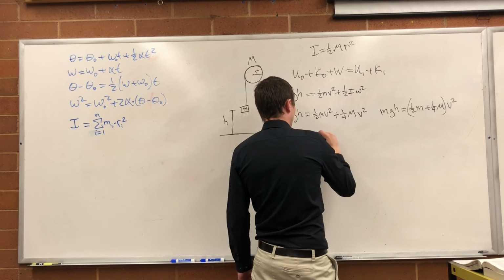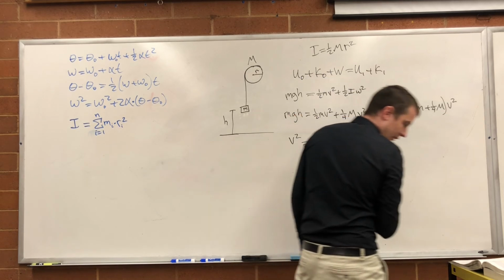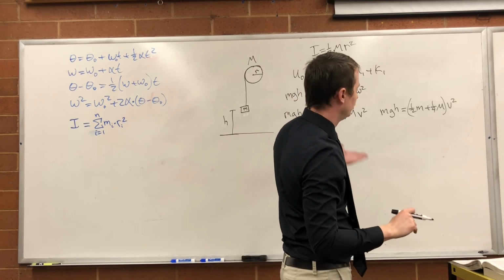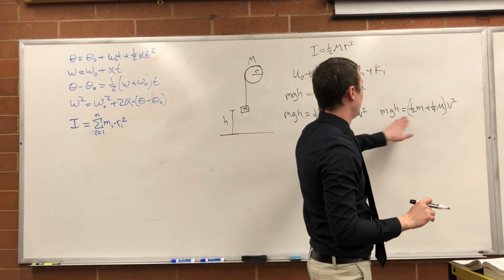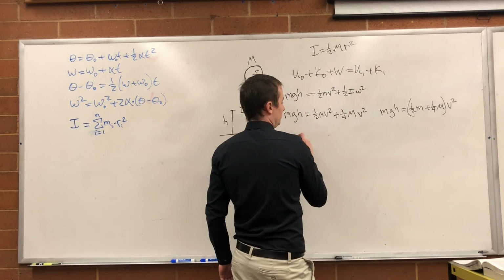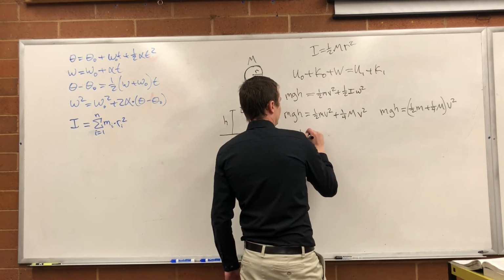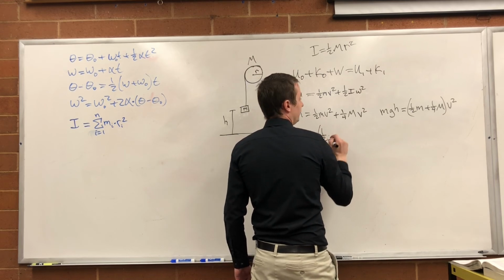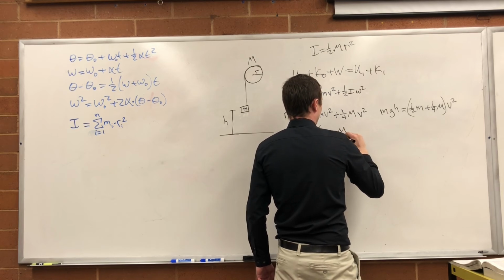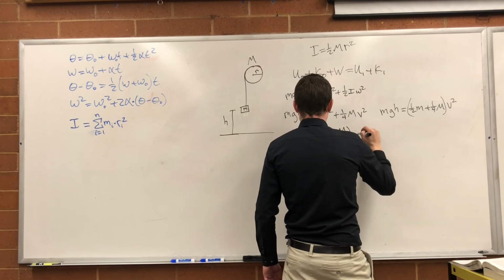So v squared is equal to mgh divided by that, and take the square root. Let me see if they do something. Yeah, they do. Something that you might not have thought to do, but it doesn't change the answer, just something they do for convention. They divide both sides by little m, so that little m only shows up in one place rather than two. So we have gh is equal to 1/2 plus big M over 4 little m, times v squared.